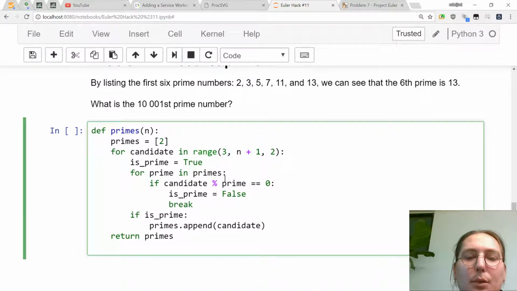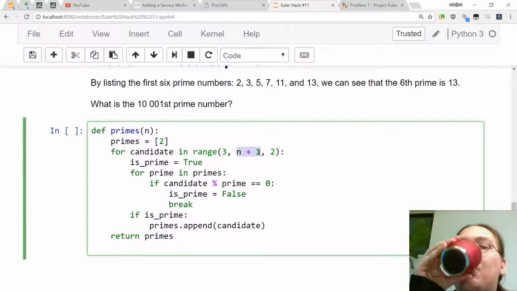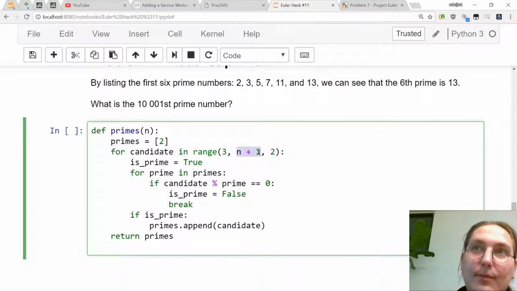Because if we want to get all of the primes up to n, I mean, this can mean either so many primes we want to get, or we want to get all primes lower than a certain number. Actually, those are the two things. Here we return if the number of primes in the list is 10,000. Yeah, let's do that.